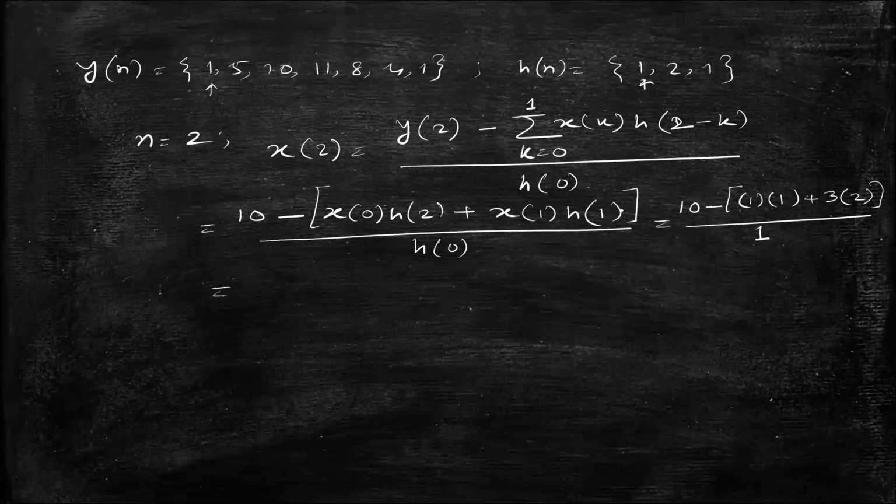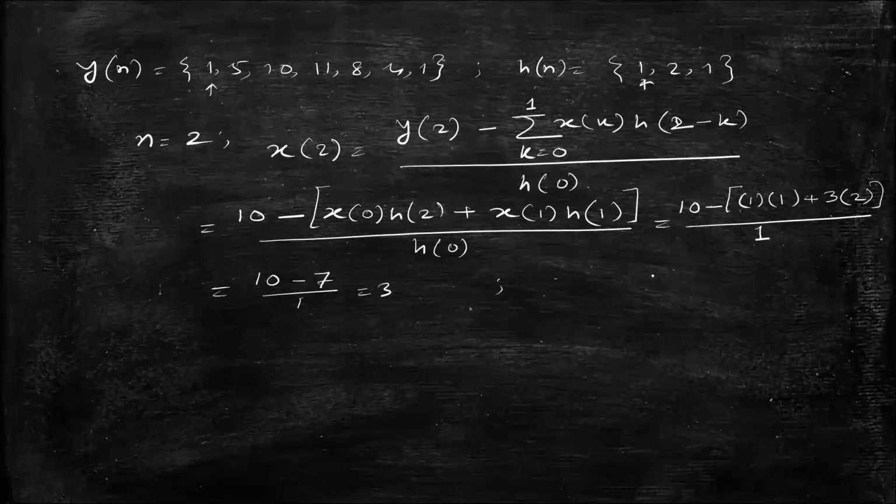So that is 10 minus 2 plus 6, that is 7 by 1, that is 3. So x of 2 equal to 3.